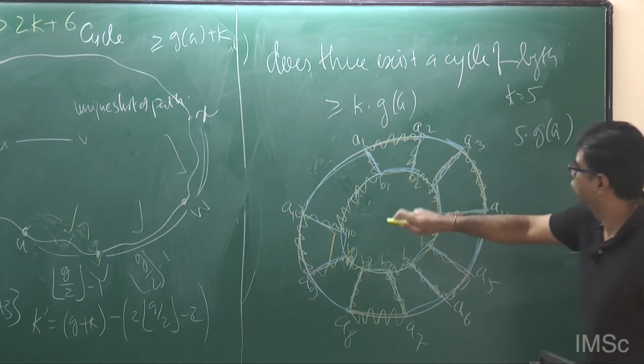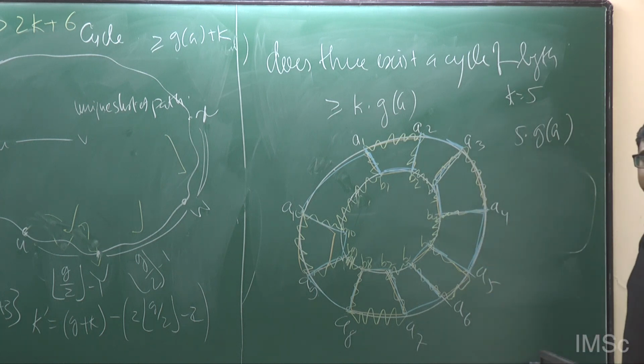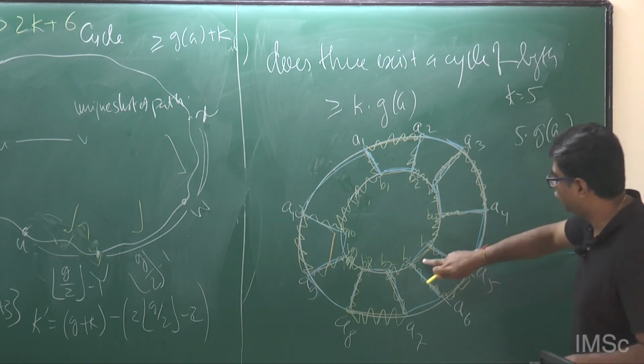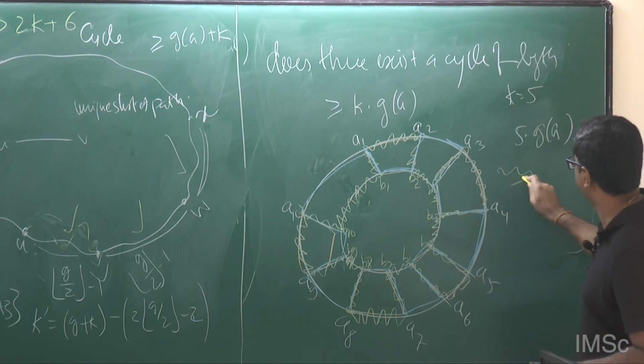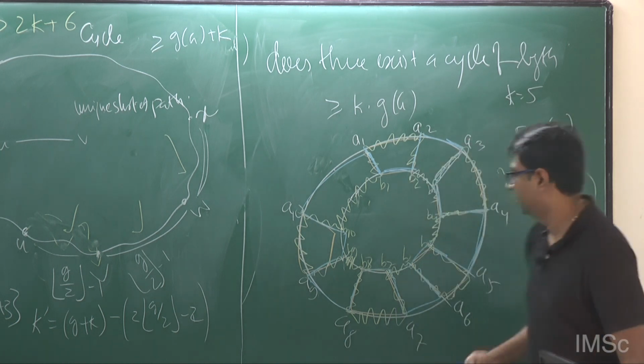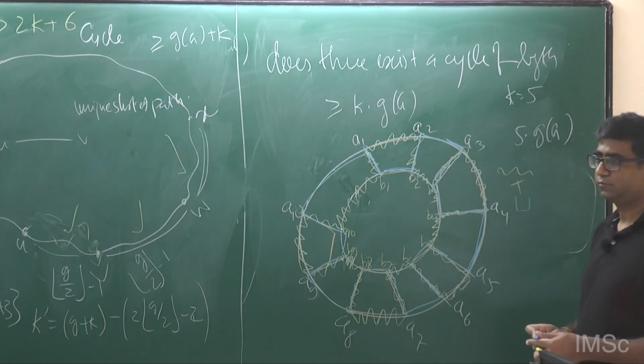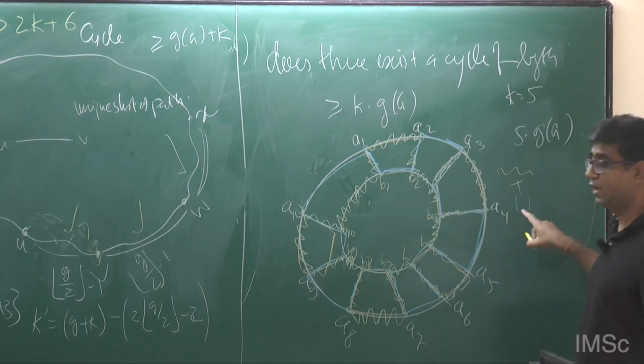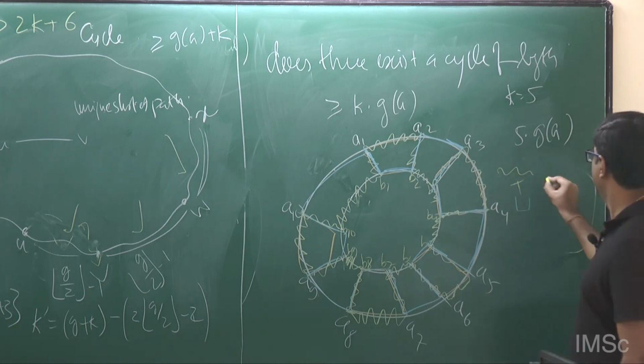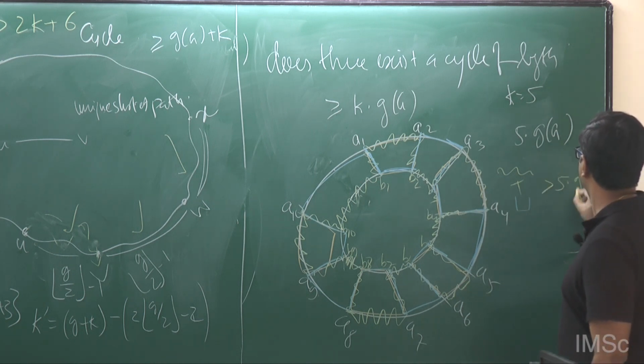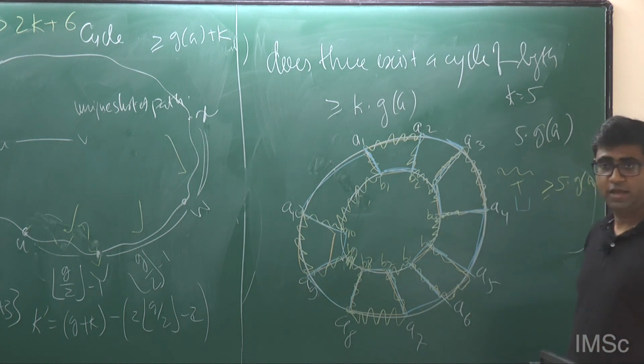So I have traced two cycles. What is the length of this curly cycle and the blue cycle? The lengths of the curly cycle and blue cycle together are definitely at least 5 times girth of G. Why?